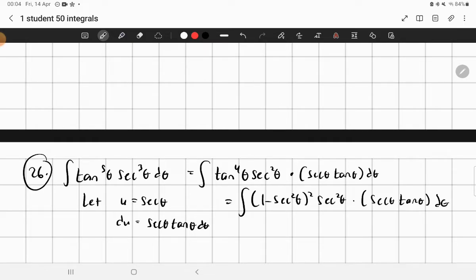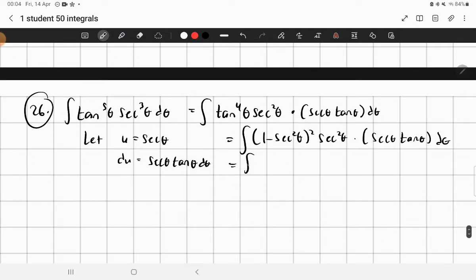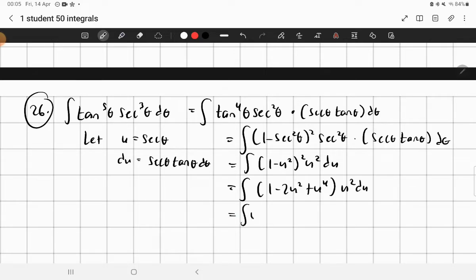So we know that secant squared theta comes from u, and secant theta comes from u. We could evaluate the following, and by expanding it, 1 minus 2u squared plus u to the power 4 times u squared du, expanding again, you have u squared minus 2u to the power 4 plus u to the power 6 du.